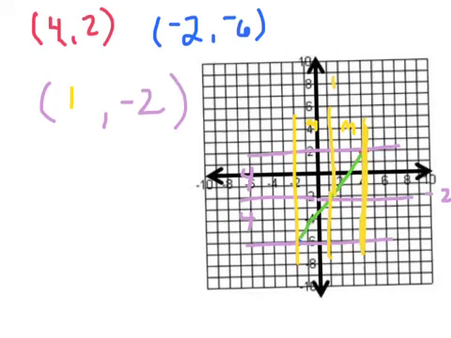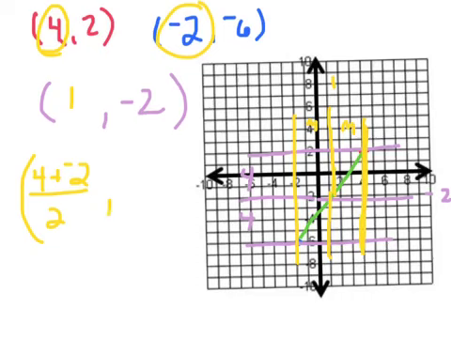Why is this important? Well, if I use the midpoint formula, I'm going to do 4 plus a -2, and then divide by 2. So 4 plus a -2 is going to be 2, divided by 2, which gives me that value of 1.